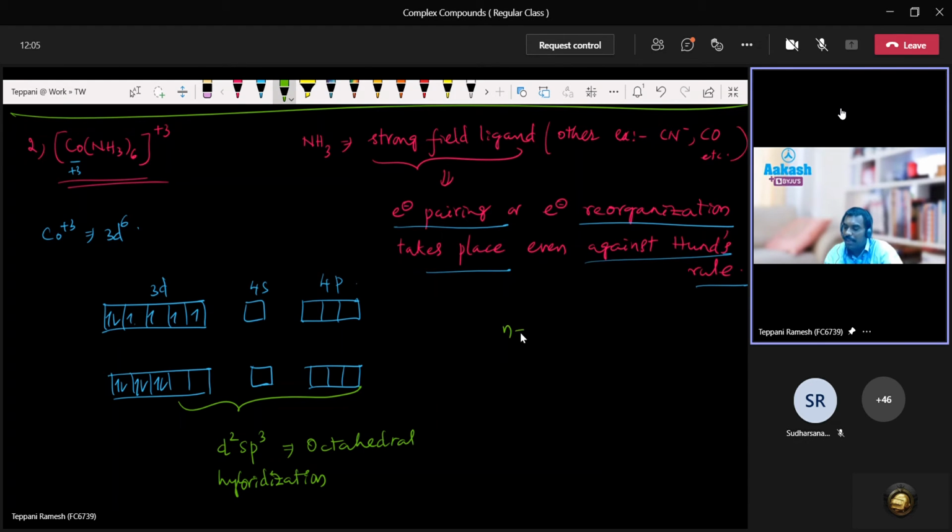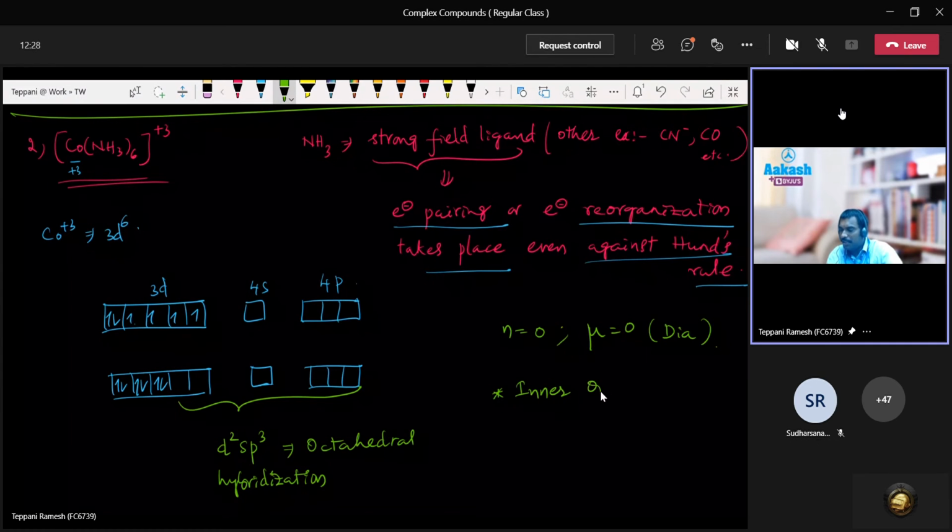n value, any unpaired electrons? No, sir. So n is 0, mu value 0, zero. Diamagnetic. Then outer orbital complex, inner orbital complex: inner side d orbitals are utilized in the hybridization, so this is called an inner orbital complex.